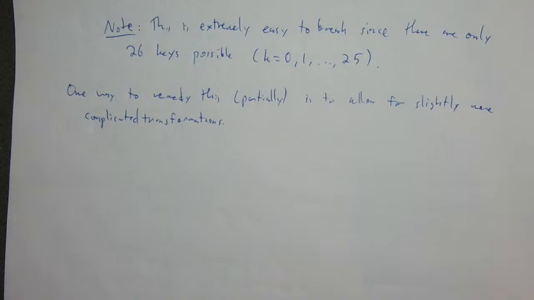If you know anything about terminology coming from geometry, an affine transformation is one that's like ax plus b. Okay, so that is the sort of thing that we're going to talk about. Before I move on, I was going to give you a couple of examples from history.